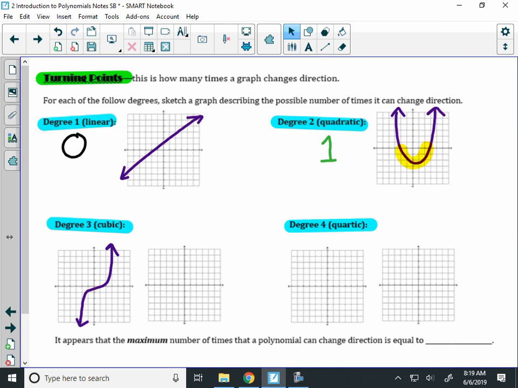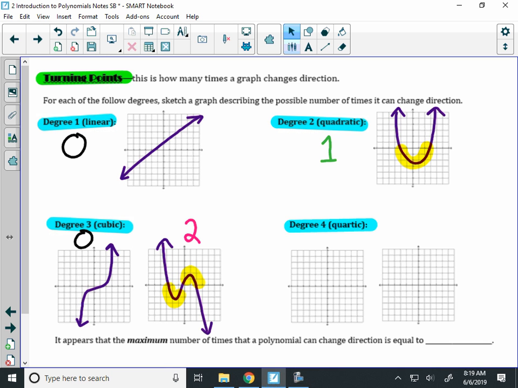So that first graph for degree 3 actually has 0 turns in it. Another way to draw a degree 3 graph would be to go down, turn, and then turn again. Remember, when we have degree 3, that's an odd degree, so the arrows are going in opposite directions. When I look at that graph, it looks like I have 1 turn, 2 turns. So that cubic polynomial has 2 turns.